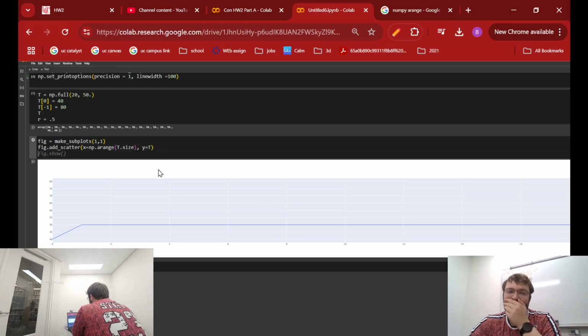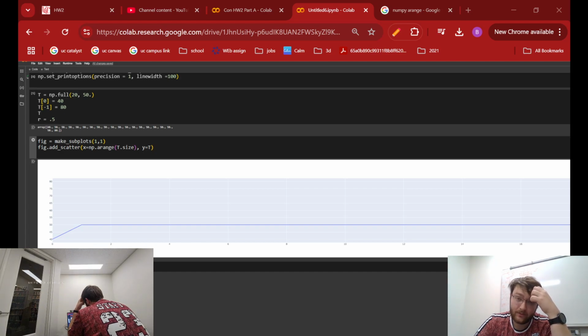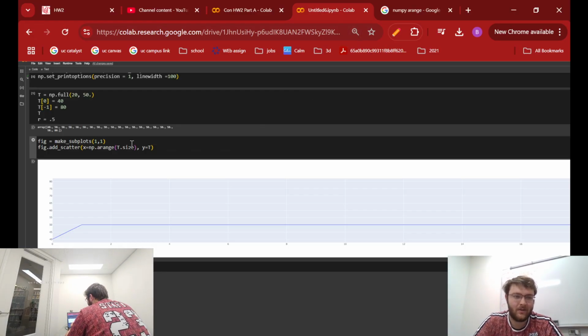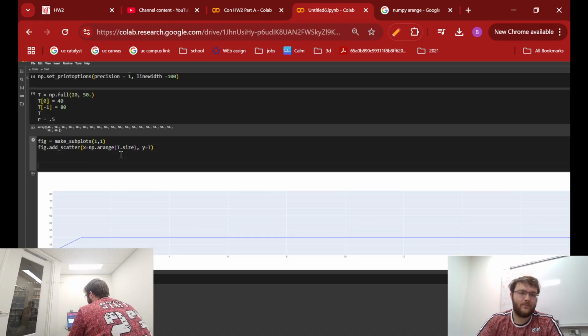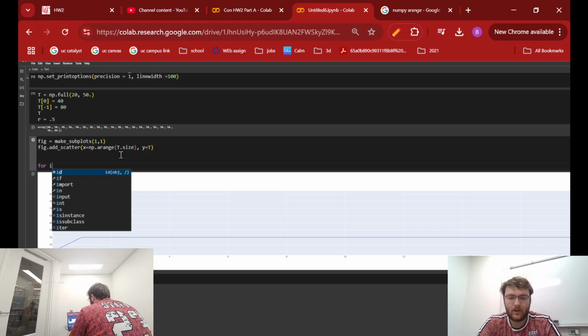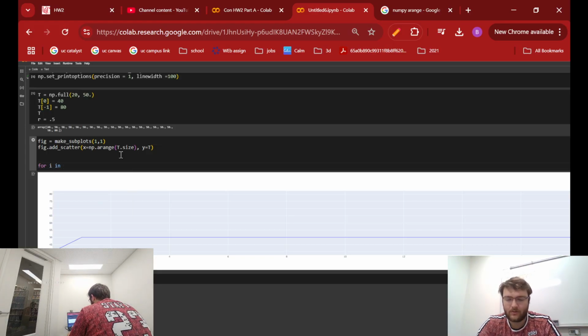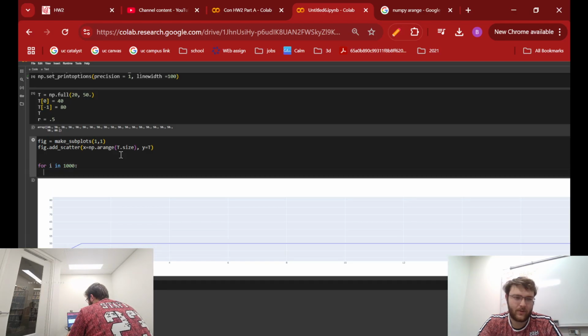Now we need to add. Excuse me. Okay, so now we have to add our equation. Might have said that before. Took me a second to figure out where I need to go next. So for I, because we're just going to index and is that the correct formatting?